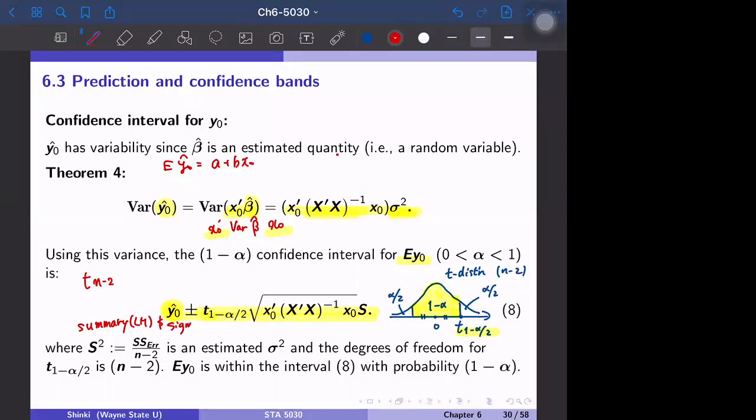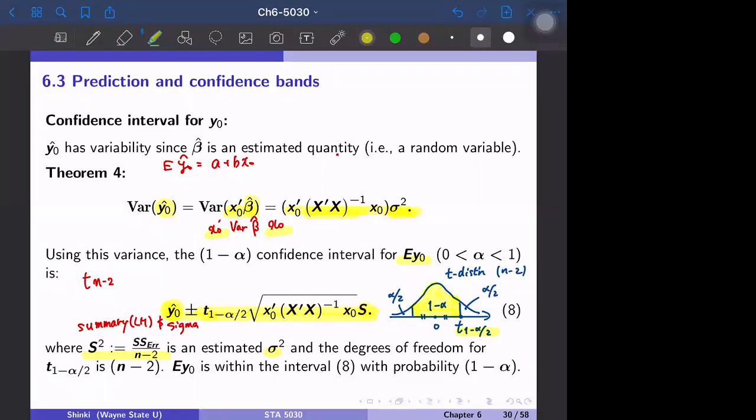Then you can extract this sigma. That is calculated from the SS error. The SS error is the summation of epsilon hat square, then we divide by n-2. Then we get S square, so we take the square root to get S.